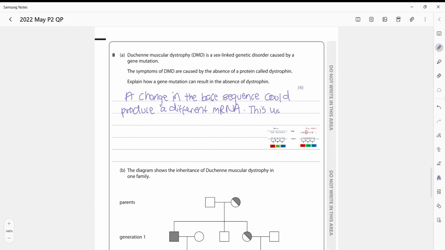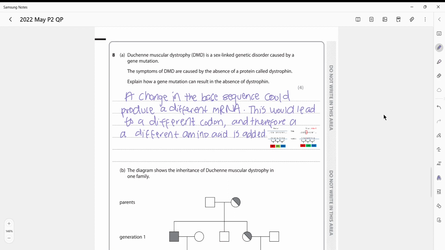This would lead to a different codon and therefore a different amino acid. And then we could also say a gene mutation can cause a stop codon.